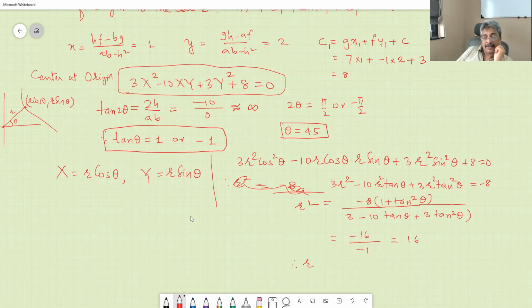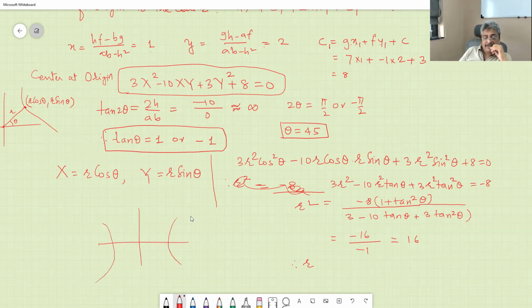Therefore, r, that is the distance, that is the largest distance from origin, because now understand this, if we rotate the axis through angle theta, which is 45 degree, we are going to get into standard position. It is a hyperbola, and hyperbola is going to be something like this.